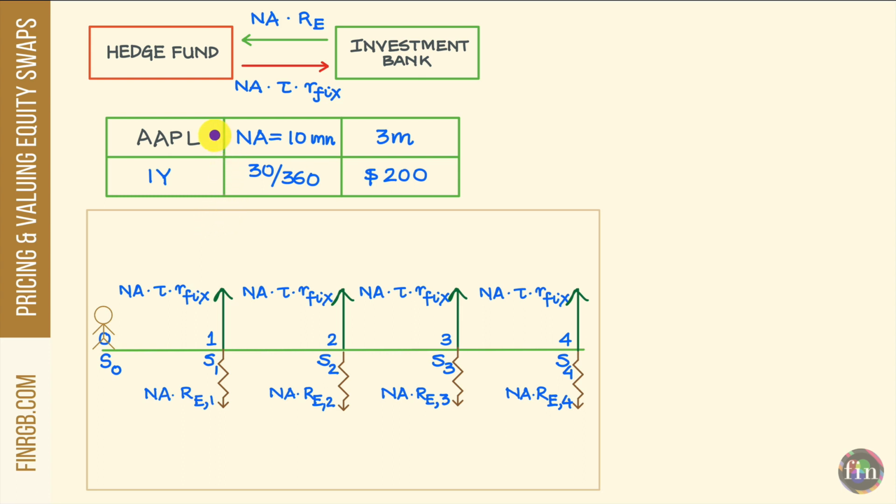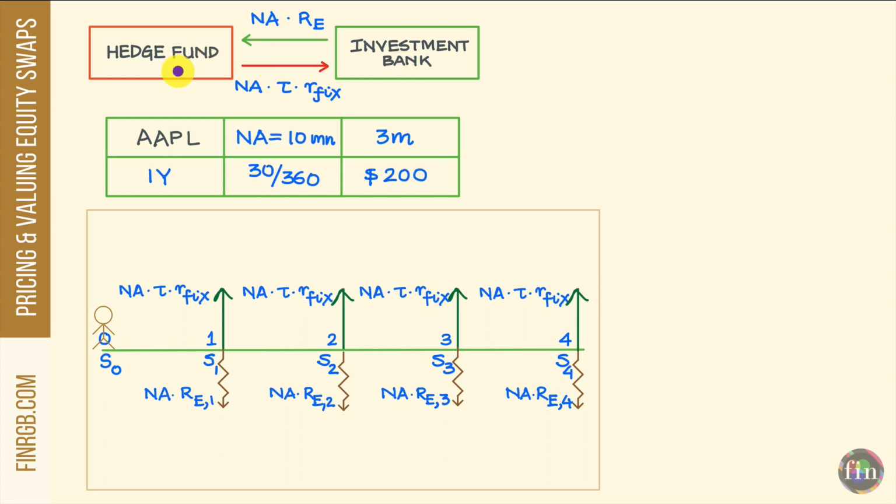Now what I have done here is that to illustrate how pricing and valuation of equity swaps is done, I have borrowed the same example that we talked about in the previous video. In this example, we had a hedge fund which has initiated an equity swap with its preferred investment bank.